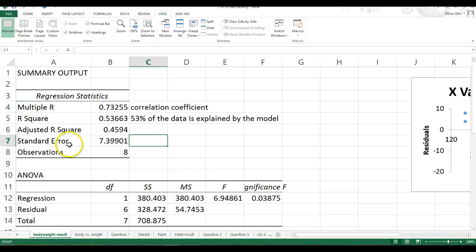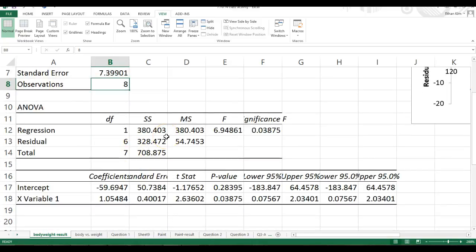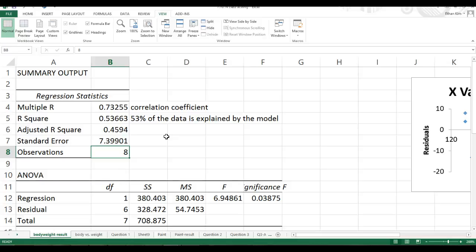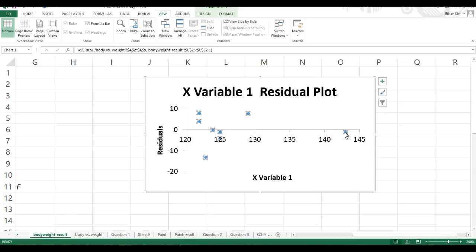Standard error we're not going to talk about yet, but observations was 8. Moving on, we're not going to look at these values. But we're looking at the residual plot. Okay, so what do you think? Do you think there is a pattern? I would say it looks random to me, except for this value, right? This is an outlier.